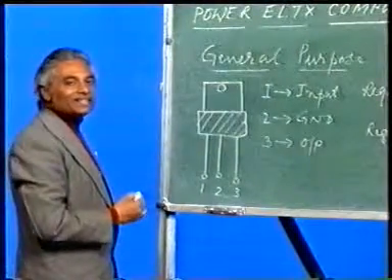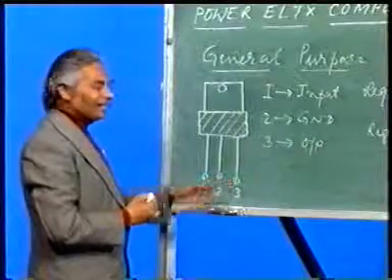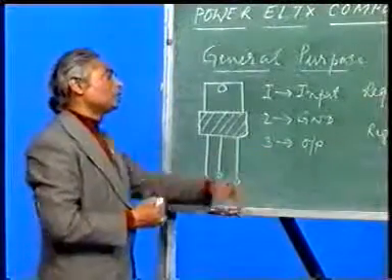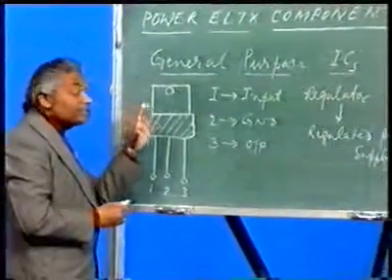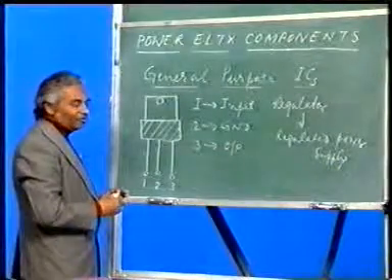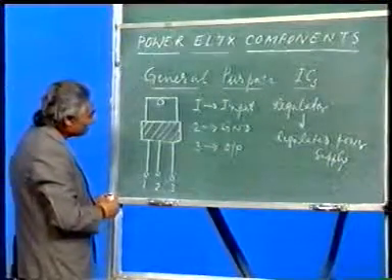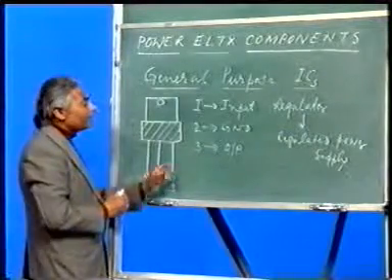Regulated power supply, that means a constant voltage supply is to be obtained at its pin number 3, which is its output terminal. Now since regulated power supply means it is considered to be DC, how do we generate DC? Okay. So you have to give some input at 1, 2 is to be grounded and 3 will be a regulated supply.